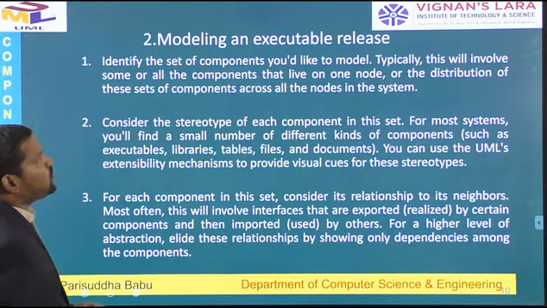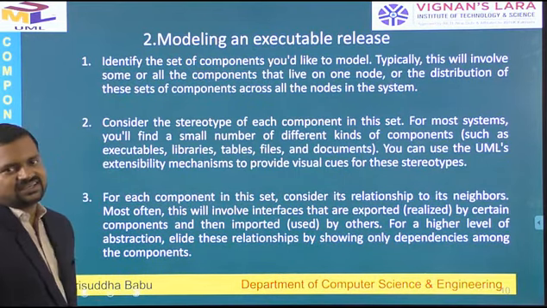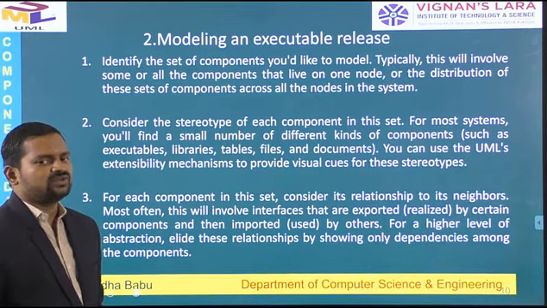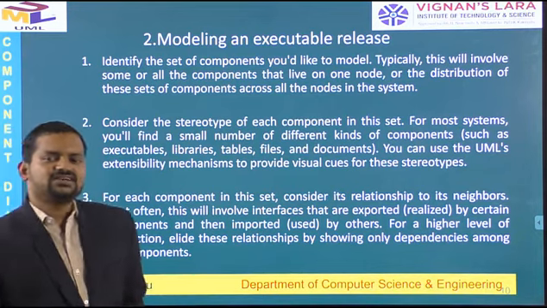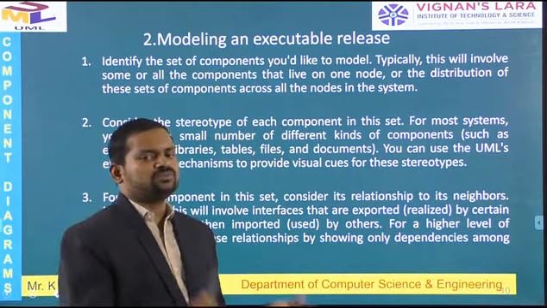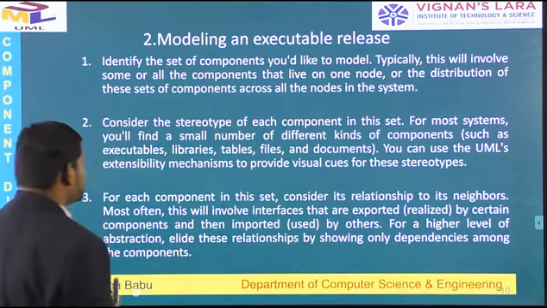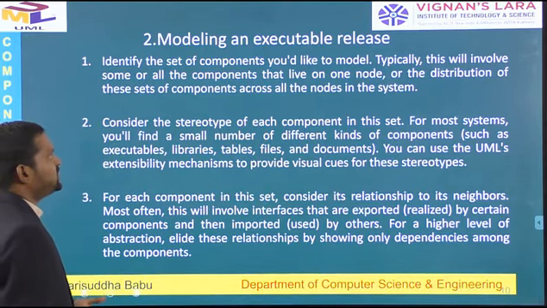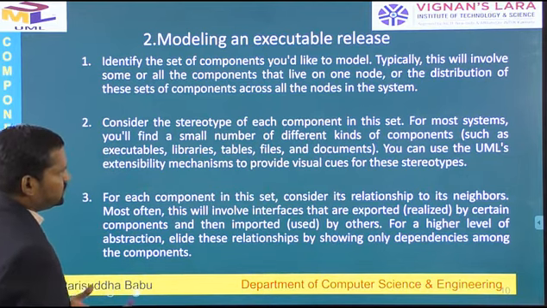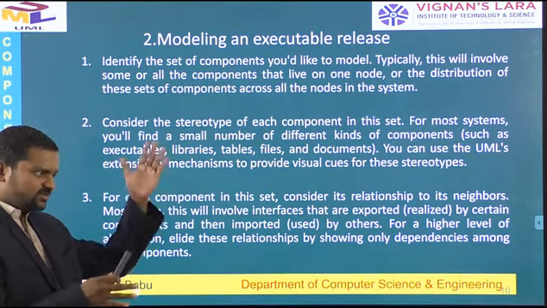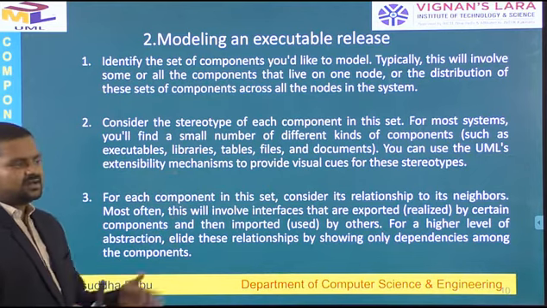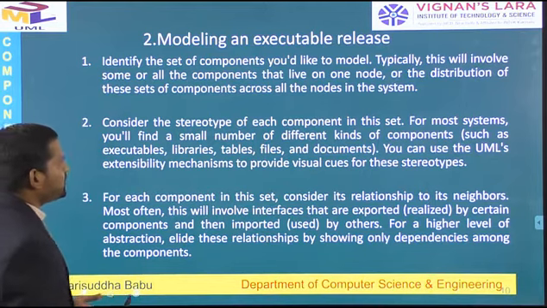So next, to model the executable release. How do we model an executable release? Previously we studied modeling the source code. Now we are modeling the executable release. Identify the set of components you would like to model. What kind of components would you like to model? You have to identify and write those models in sequence.